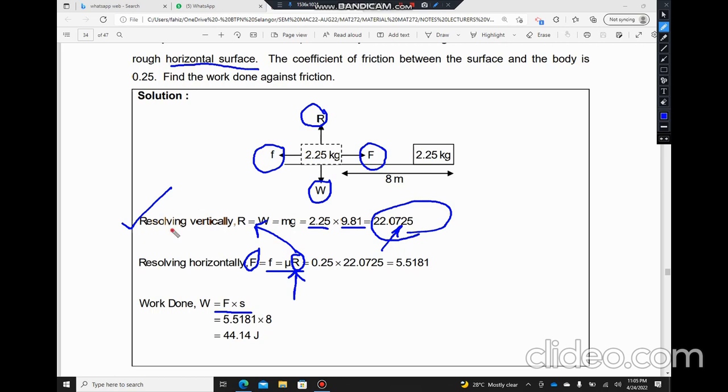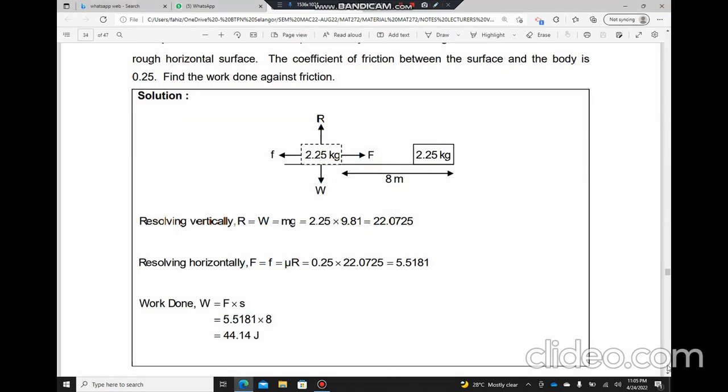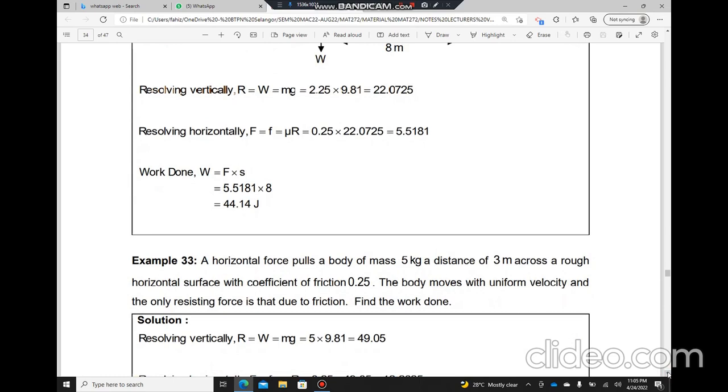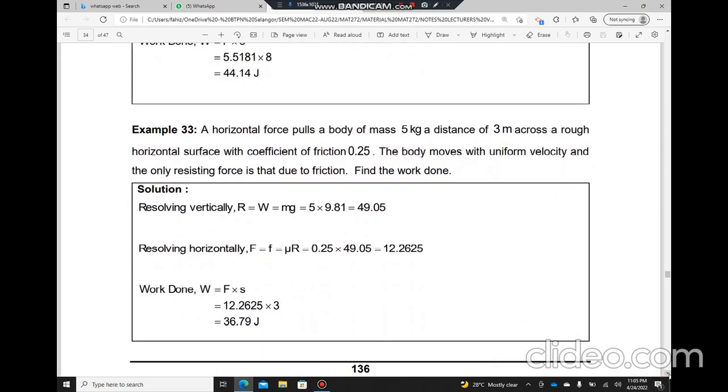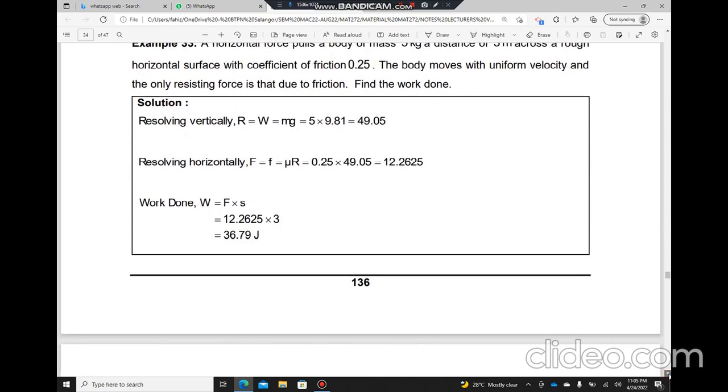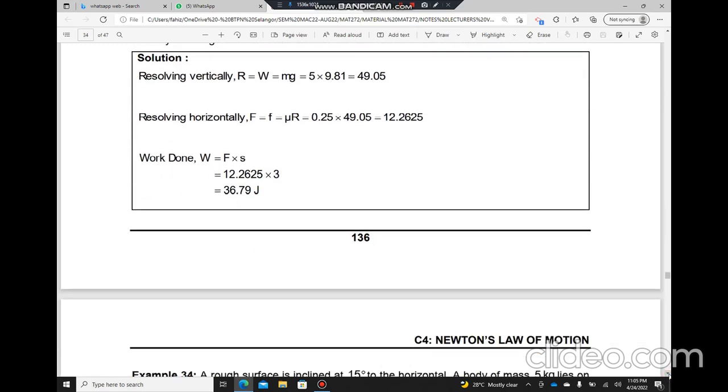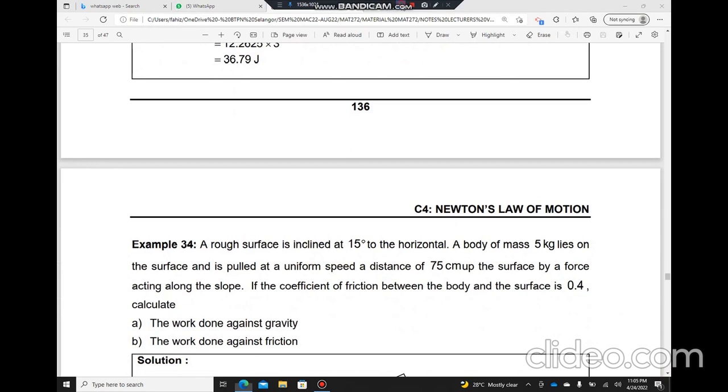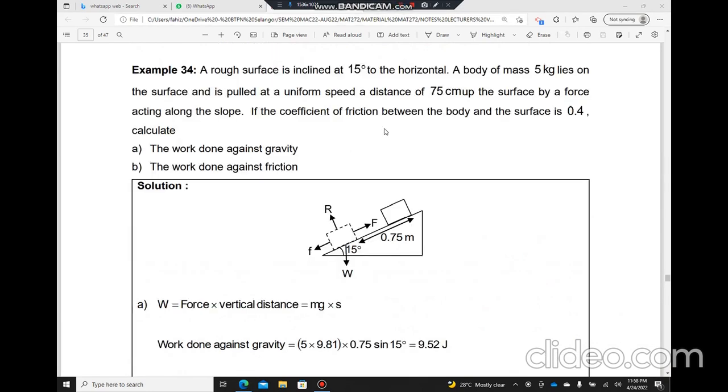So yang ni just untuk nak cari nilai R and then kita nak gantikan dalam formula mu R. Okay, so this one untuk example 32 and then you try solve example 33 and 30. Okay, next example 34.